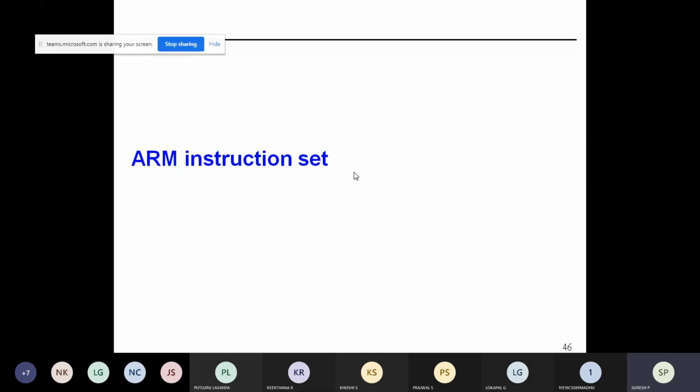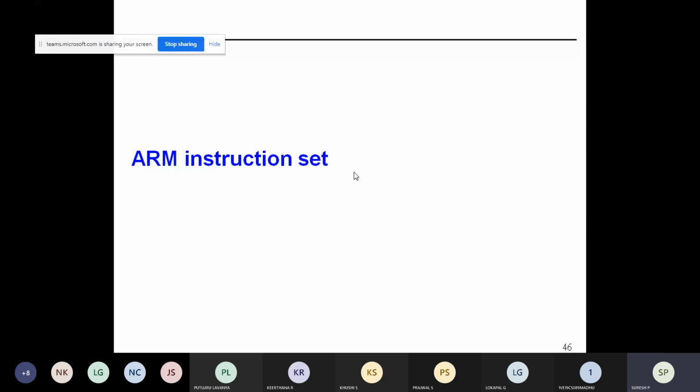Whenever you are doing something, you should know the basics properly. That is what you are going to study in ARM. We have discussed the registers supported by the ARM instruction set, and inside the registers we discussed the banked registers.